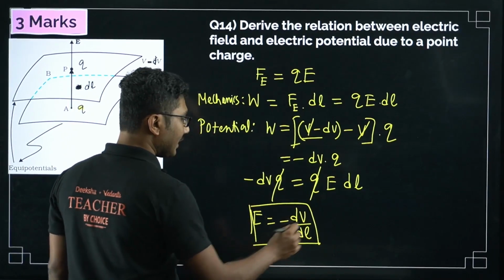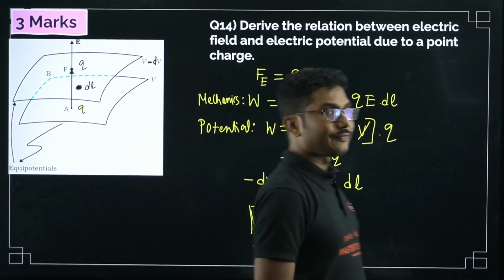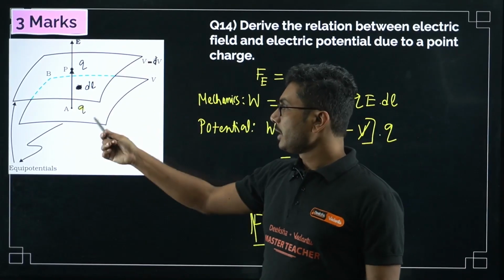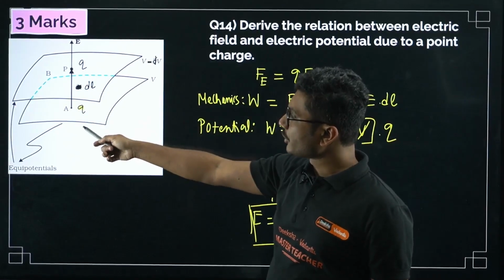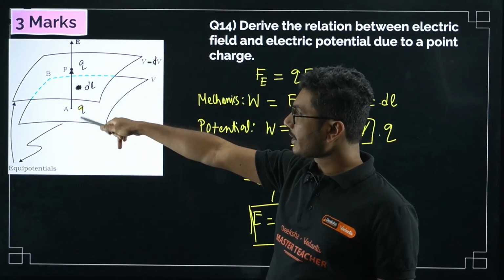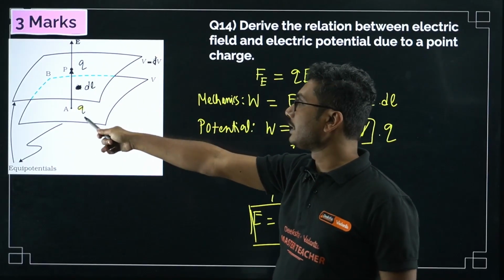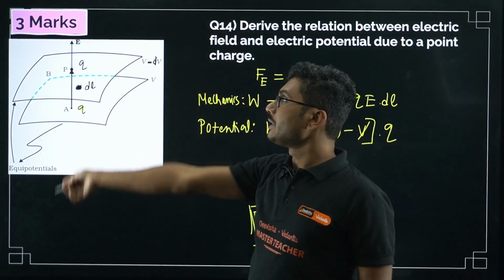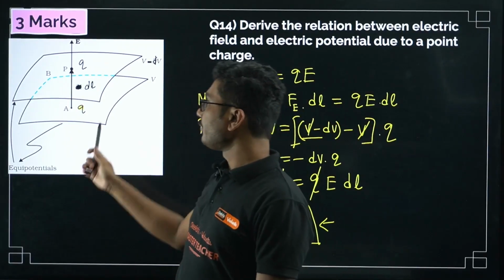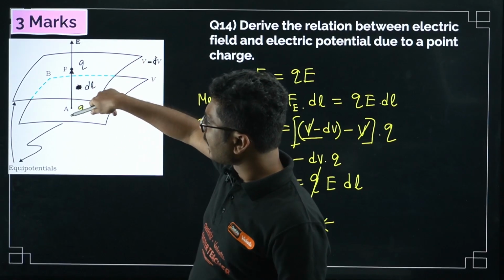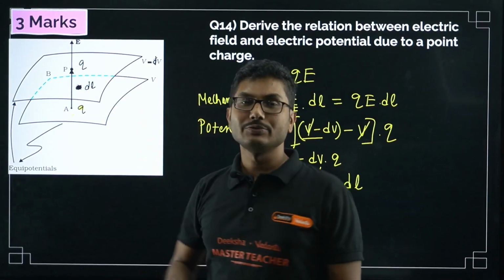The negative sign indicates that electric field points where the electric potential is decreasing. Electric field always points towards the decreasing potential. So if this arrow is in this side, that means potential where it started will be higher and potential where it ends will be lower.